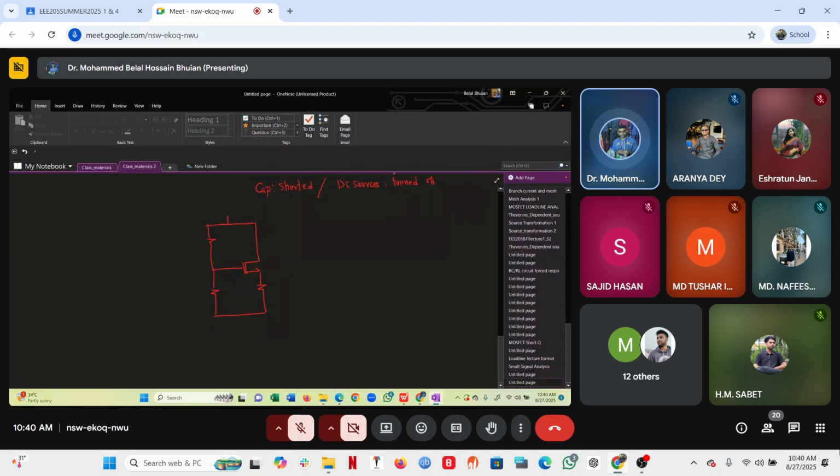So we have a DC voltage source. Let's draw it this way. And then we have a capacitor here. The capacitor will be shorted.